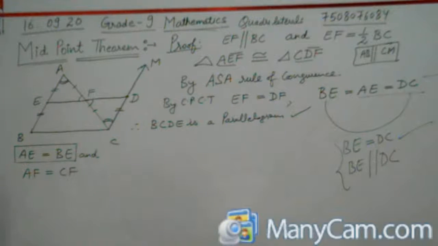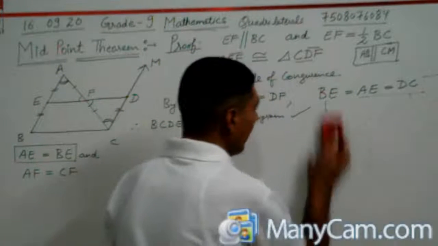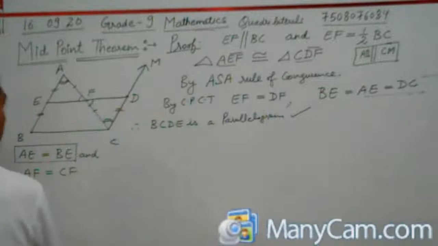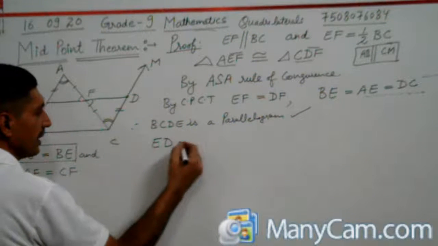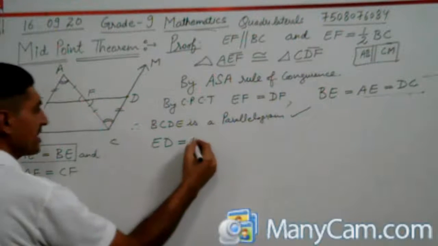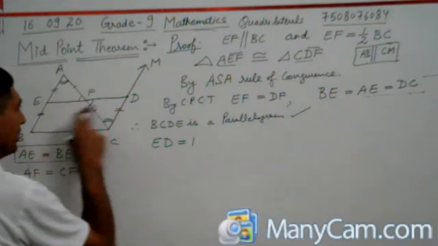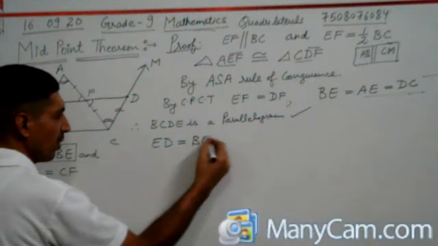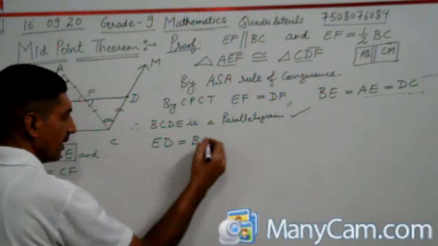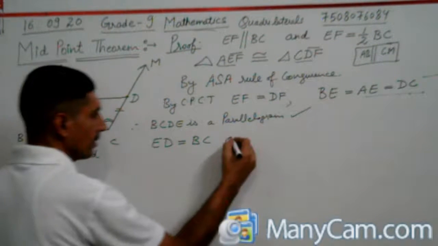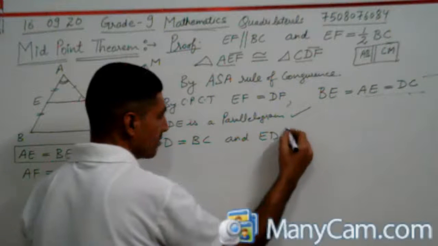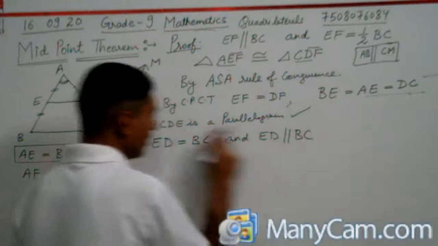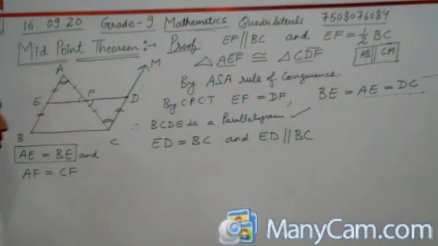And once it is a parallelogram, it means ED is equal to BC, opposite sides, and ED is parallel to BC.